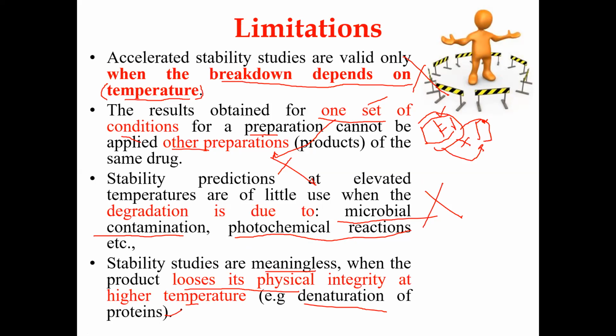That's why, in one of the Arrhenius concept limitations we have seen, proteins are affected by pH alteration and temperature change. A small change in temperature will cause denaturation and unfolding of proteins. So for substances like proteins which are very sensitive to temperature, thermolabile, you cannot go for accelerated stability conditions. These are the main limitations of accelerated stability conditions.